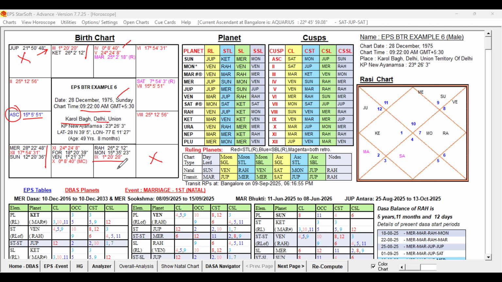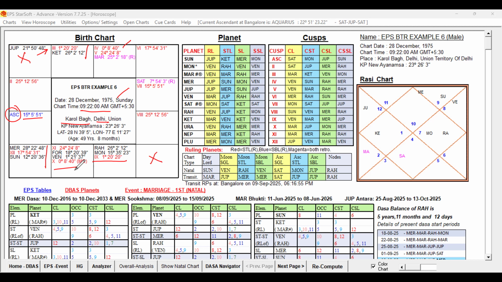It means, suppose there is any difference in the birth time, the 10th cusp is just at the starting degree of Scorpio.